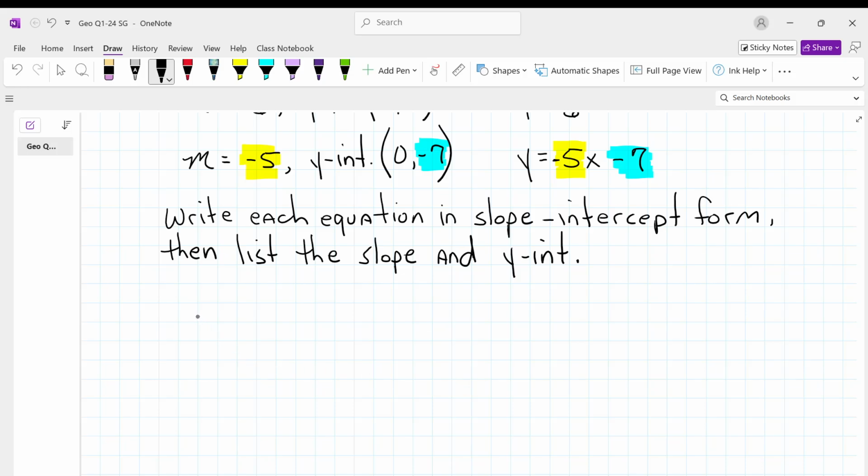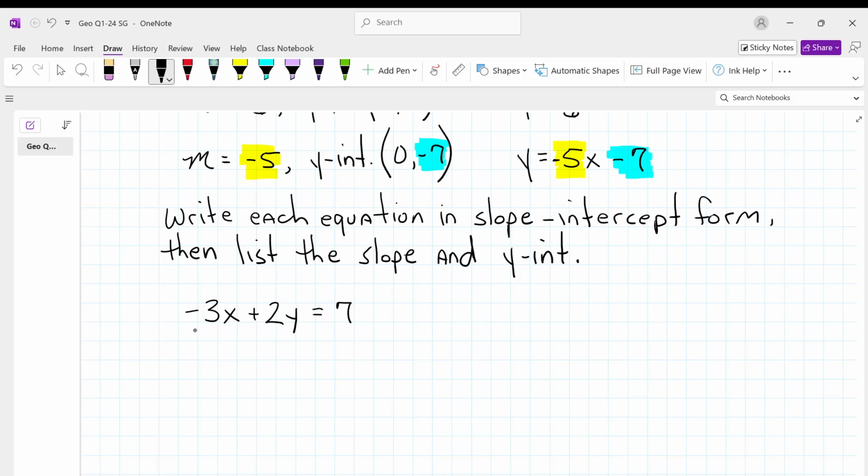So let's say you're given negative 3x plus 2y is equal to 7. All right, again, our slope-intercept form is y equals mx plus b. So we're going to solve for y. All right, we're going to get the y on the left-hand side of the equal sign by itself.